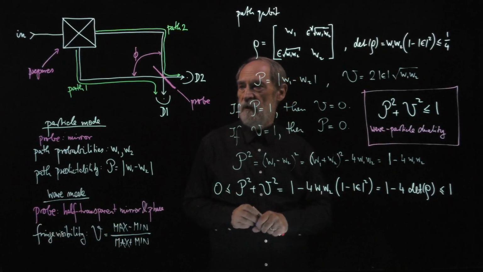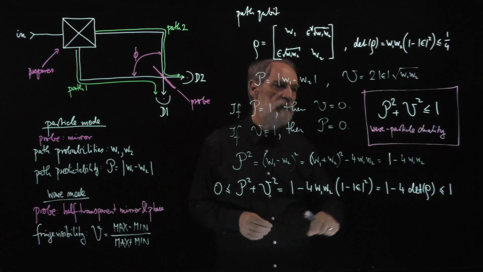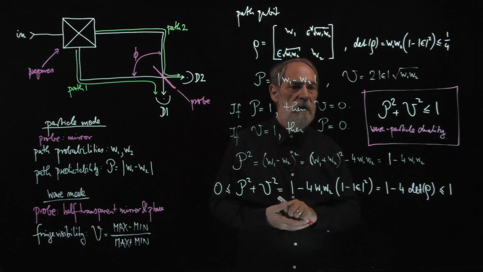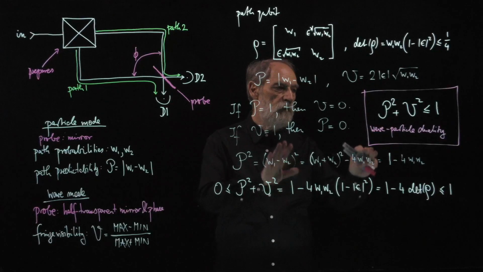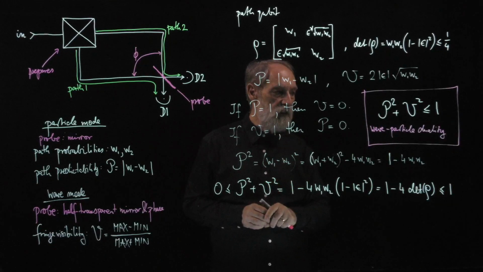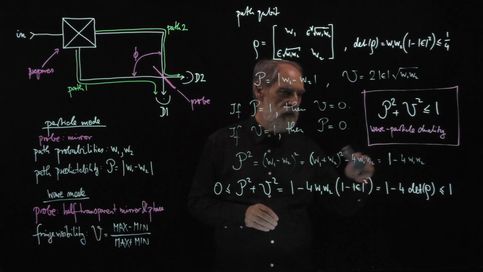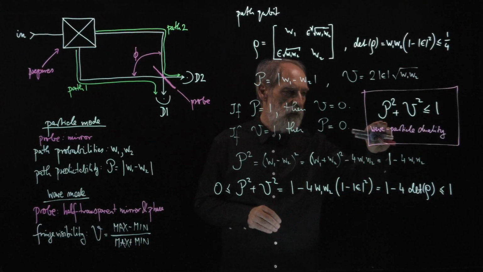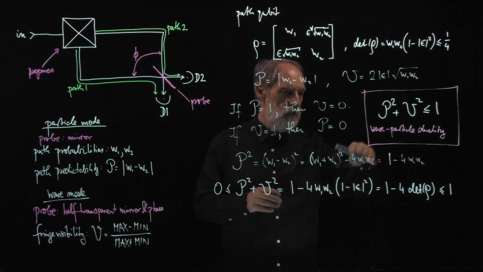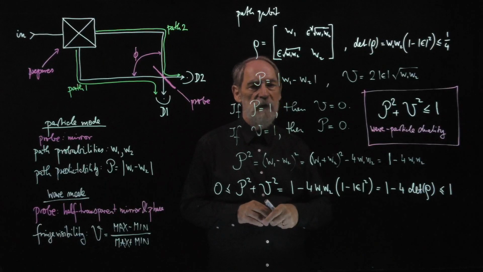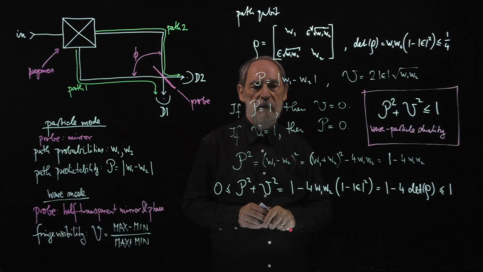And indeed, if we do such experiments, there are no cases where P² + V² exceeds 1. So this quantum mechanical statement about the compromises allowed between particle aspects and wave aspects is really a correct statement about the nature of these quantum particles.